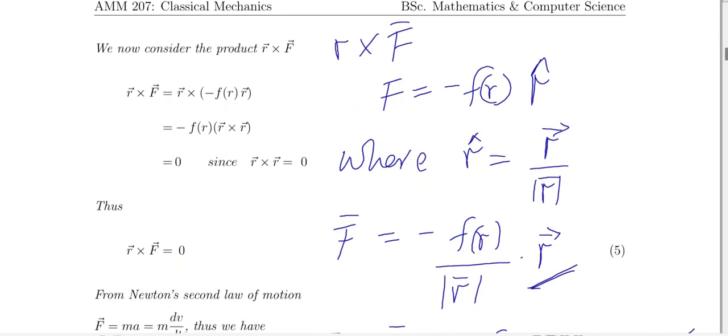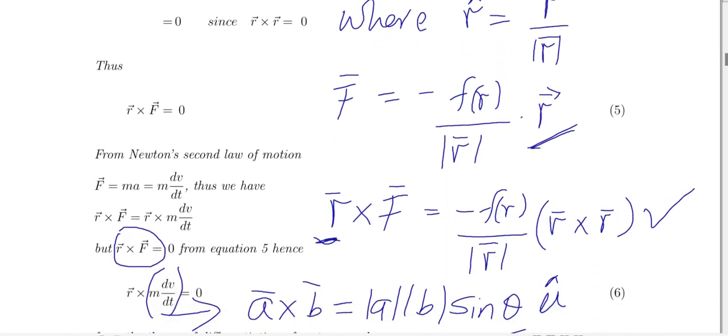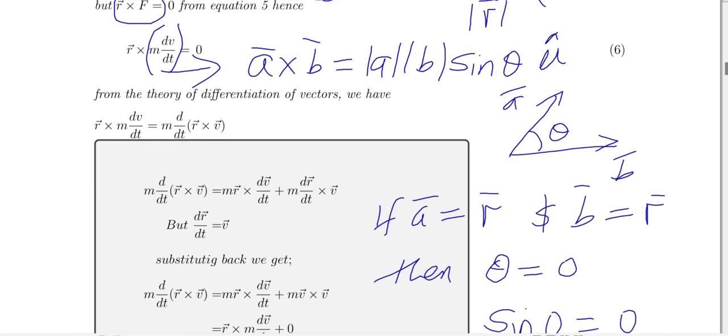I filled every space here. But if you look at the results here, we want to work out the derivative of m d/dt of r cross v, where v is the velocity and r is the position vector.